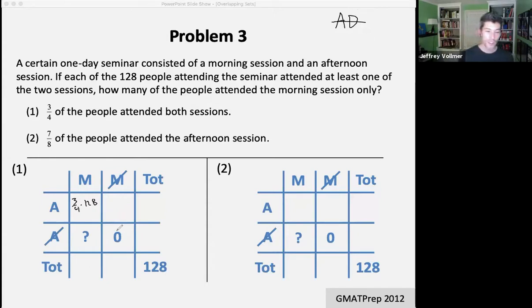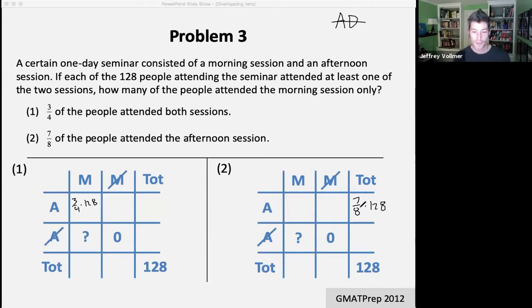All right, so let's take a look at statement 2 by itself. We say 7/8 of the people attended the afternoon session. So afternoon session, 7/8 of 128. Cool. What does that imply? Well, remember, you've got to add top to bottom.